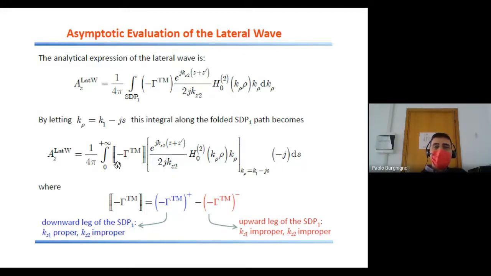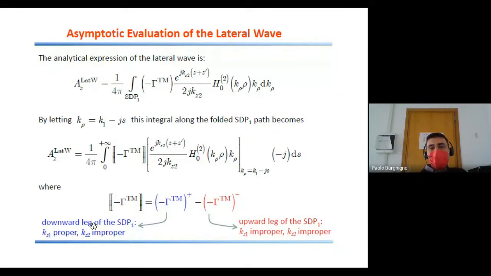Now, explicitly, with this notation that we introduced in the previous lesson, the double square bracket, we mean the difference of some function on the two parts of a folded integration path. In this case, that's explicitly minus gamma evaluated on the right part, so the top or proper part of the integration contour.